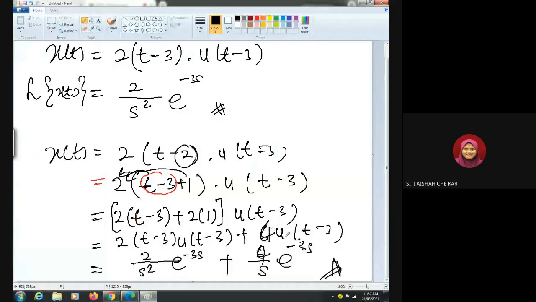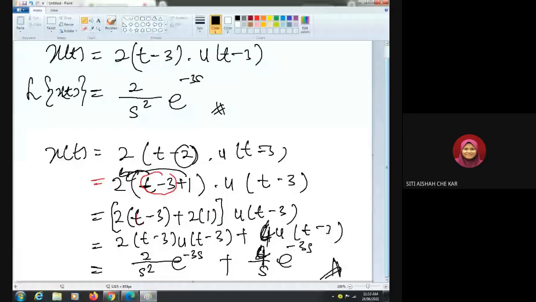So this is okay, good. So 4 over s exponent negative 3s. Gitu. So you kena be creative. Okay. So bila involve yang ini. Boleh ke?